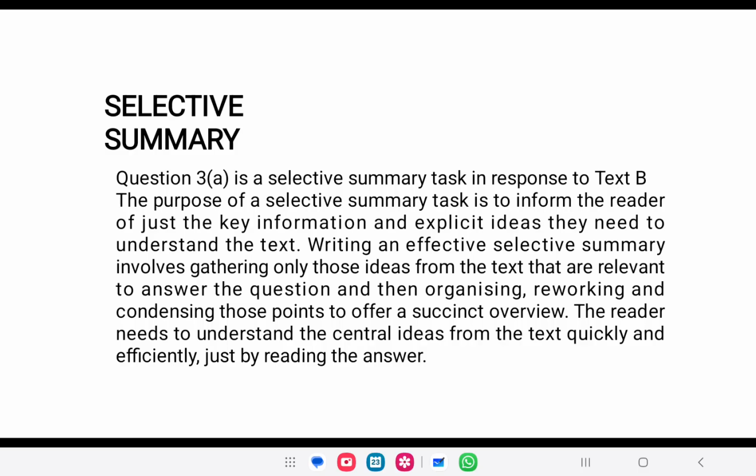So you have to be very careful while doing this question, and remember you are going to look for the key information only, and explicit ideas. Let's recall explicit and implicit.